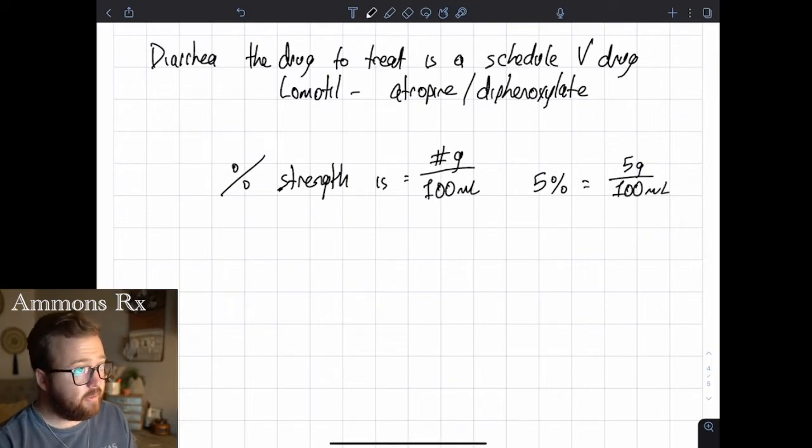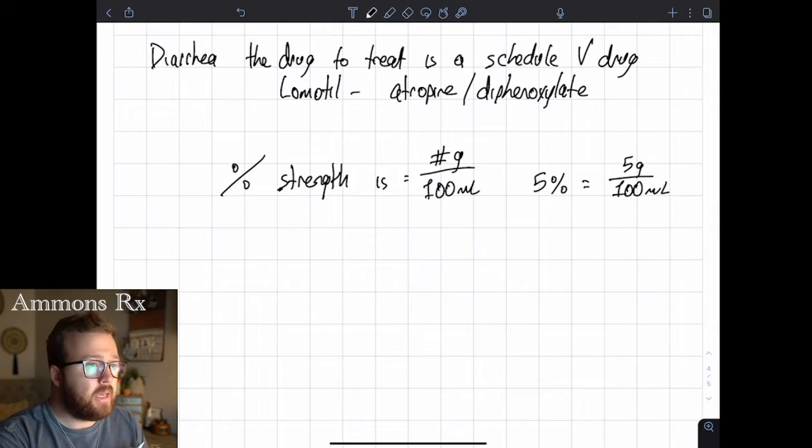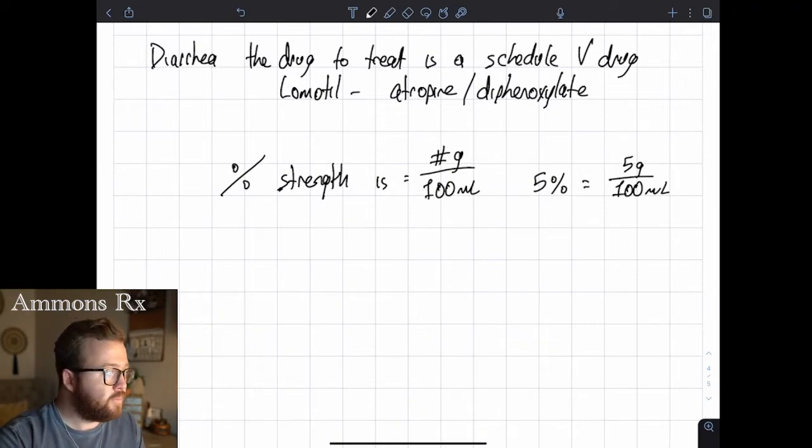That's where I got the 5 from. You just take that number and literally put it there. A lot of people want to change that to a decimal. Don't do that. You will literally just take that percentage, put that number above 100 milliliters. And remember, when you set up a ratio and proportion, the most important thing you can do is match your units. Top, top, bottom, bottom.